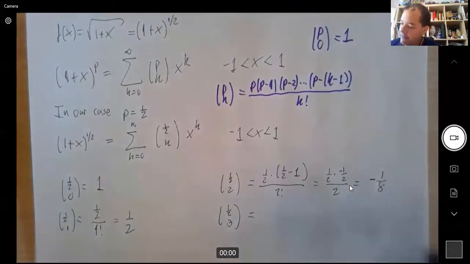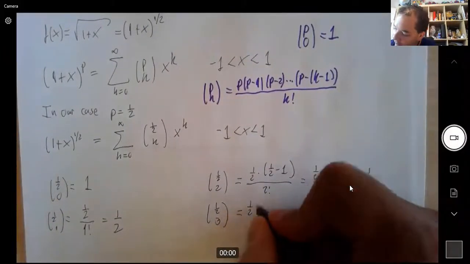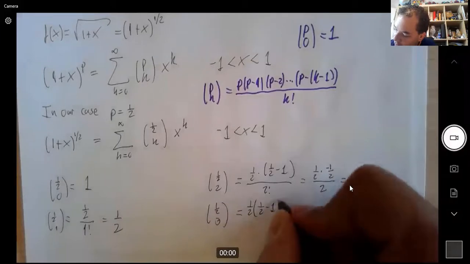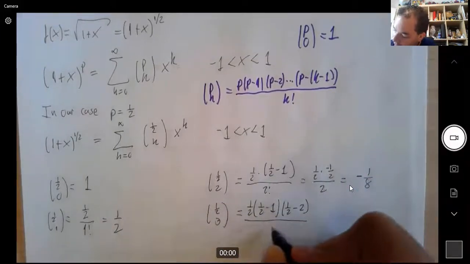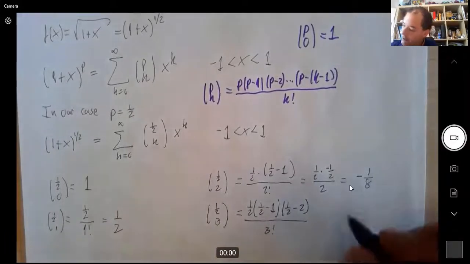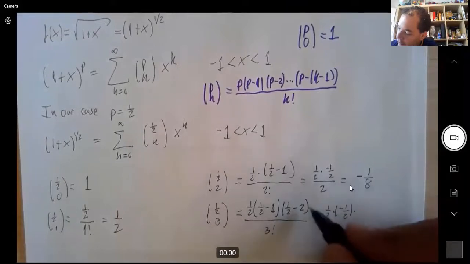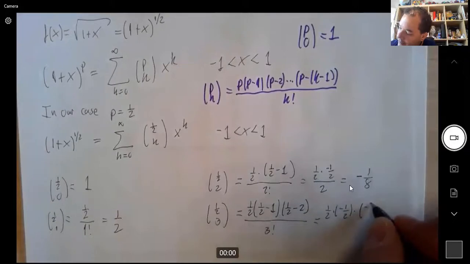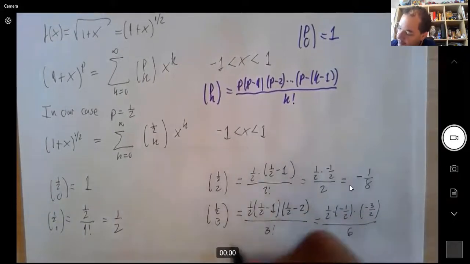And last, 1/2 choose 3. That will be 1/2 times 1/2 minus 1 times 1/2 minus 2 divided by 3 factorial. So that's 1/2 times -1/2 times 1/2 minus 2. That's -3 halves, divided by 6.